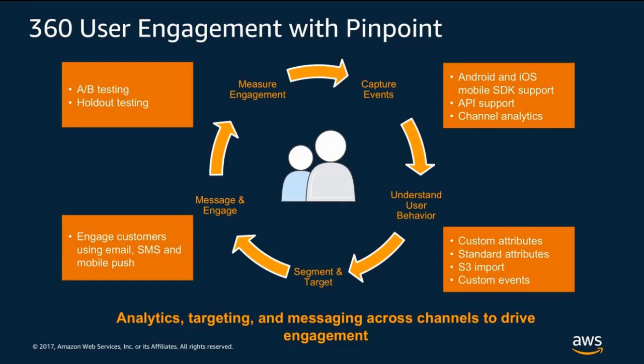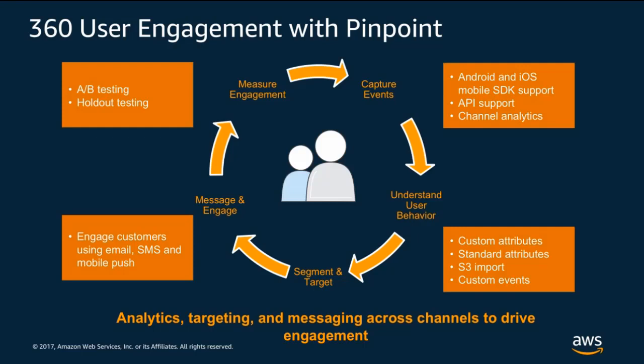And you can also capture analytics on how your messaging channels are performing. Are your messages getting delivered? Are they being opened? So on and so forth. Once you've captured events, as we discussed, you then want to understand user behavior and segment users. Now, to do that, in addition to these events that you captured, you can assign attributes to these users.